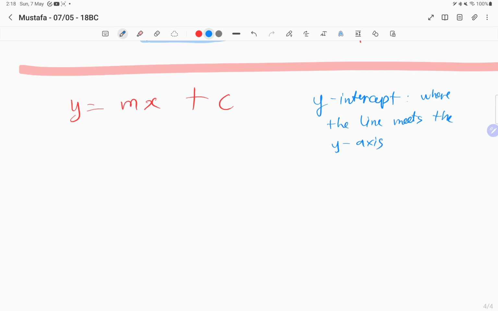Yes, where the line meets the y-axis, which means that's the y-intercept. So y-intercept is where the line meets the y-axis.